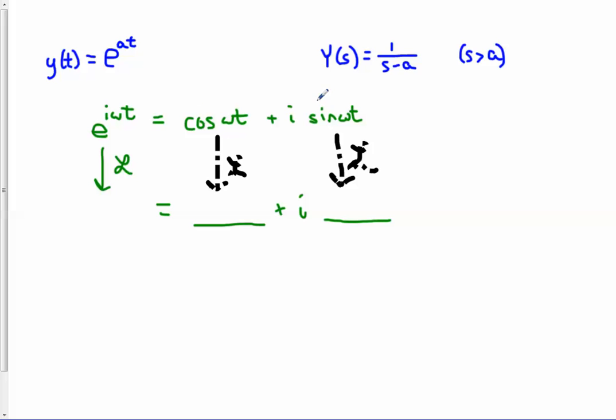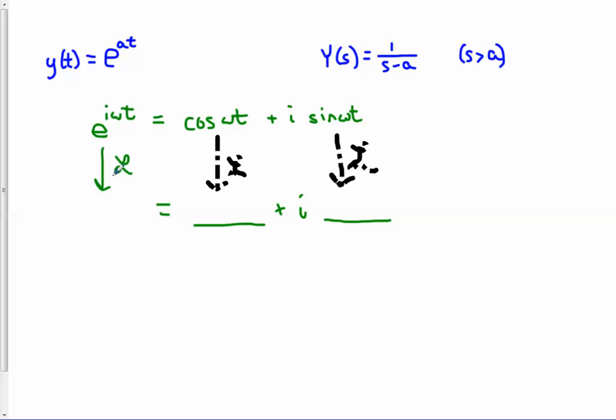And that is legitimate. It turns out that you can take real and imaginary parts and they will correspond in the Laplace transform. So we should be good, and this will be a quicker way to do this. So let's give it a try.